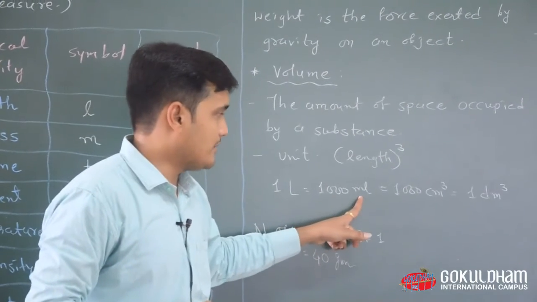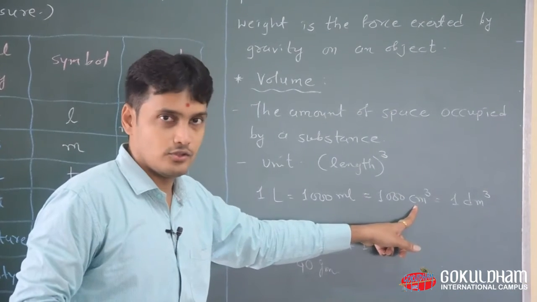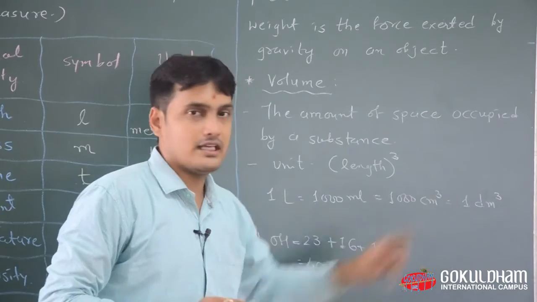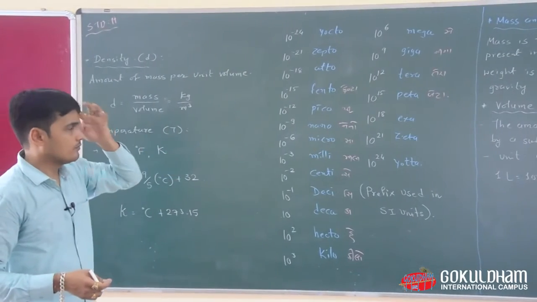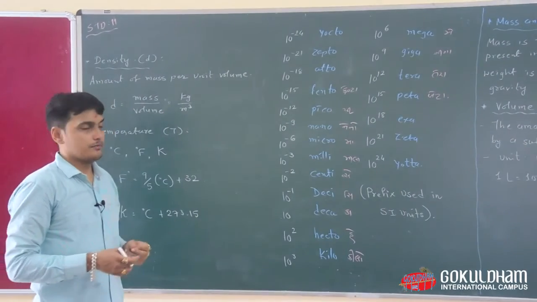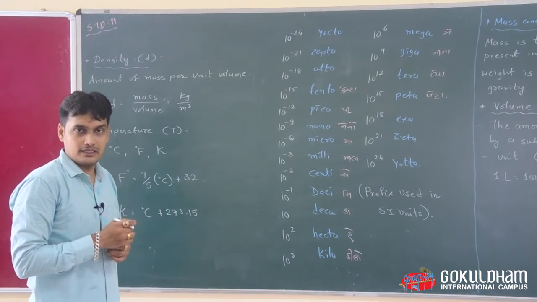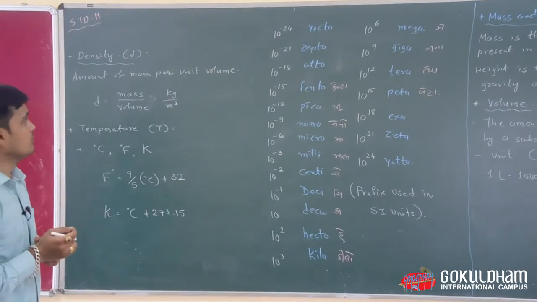This 1000 ml is equal to 1000 centimeter cube, and this 1000 centimeter cube is equal to 1 decimeter cube. This volume is measured by measuring cylinder, burette, pipette, test tube.